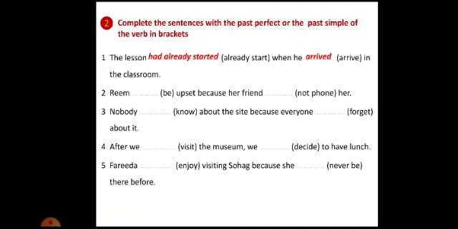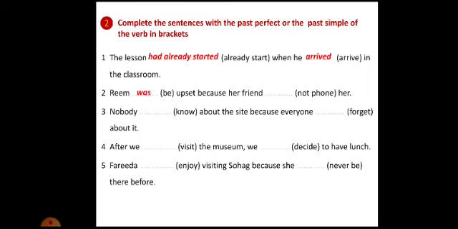Number two, Reem be upset because her friend not phone her. Now we can find because here, so it's followed by the reason which happened first. So the other part would be the past simple. The past simple of be is was or were, and since Reem is singular, then we will use, of course, was.